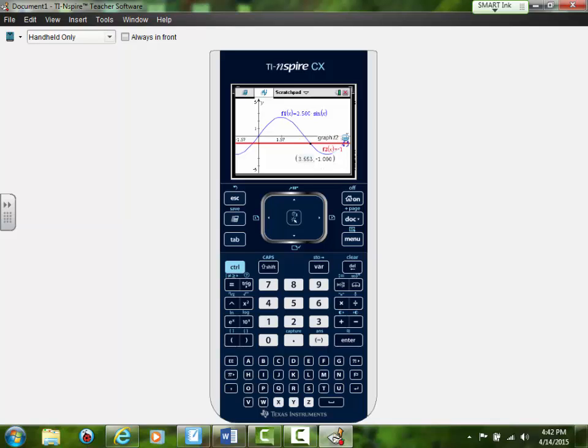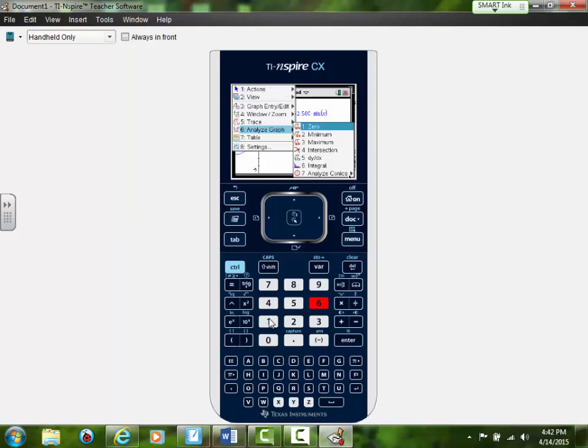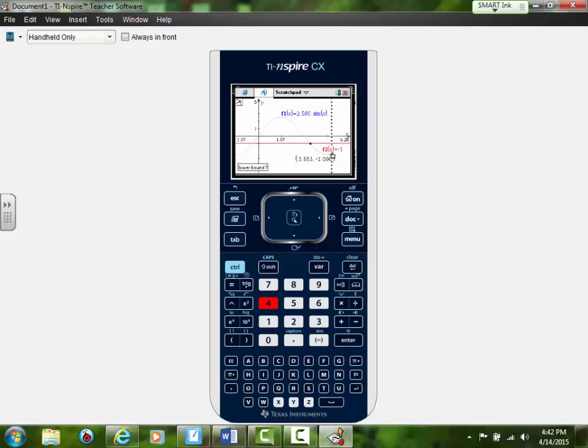Okay, now we want the other point of intersection. So we would do menu 6, 4 again. Then we set our dotted line to either side. Again, if you can't quite read it, you can grab it and move it, and that's going to be 5.872.